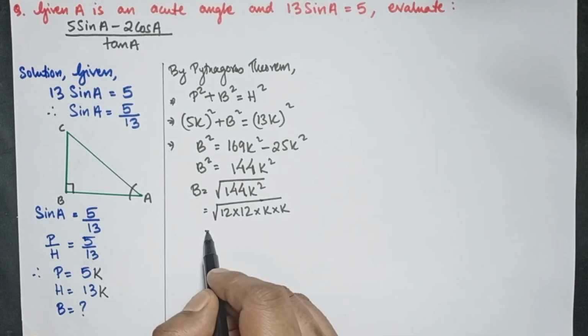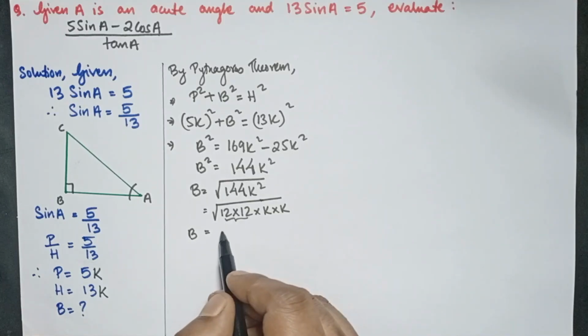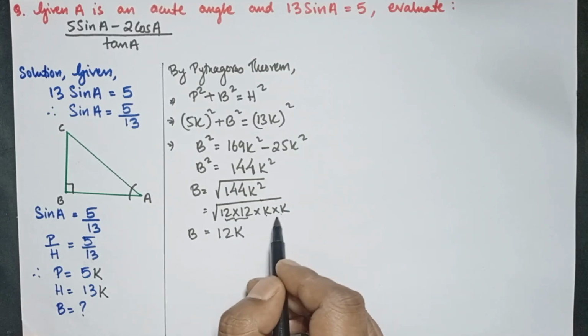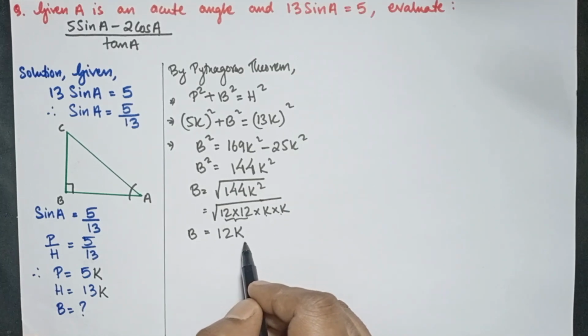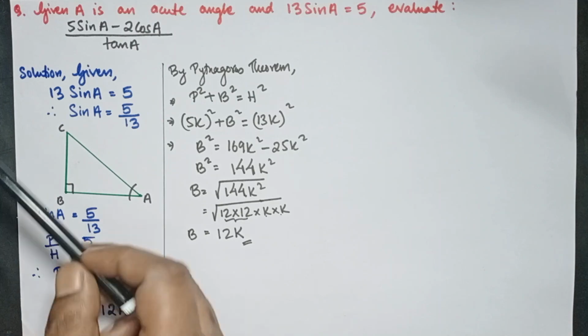Square root means out of 2 pairs only a single will come, so only 12, and only 1k will come instead of 2k. So b is equal to 12k.